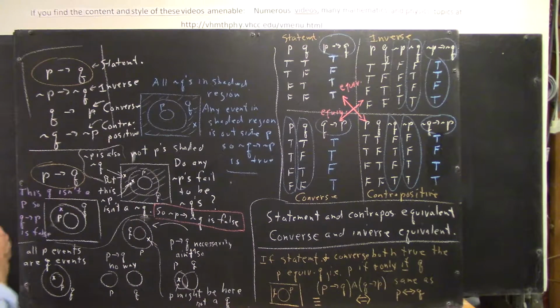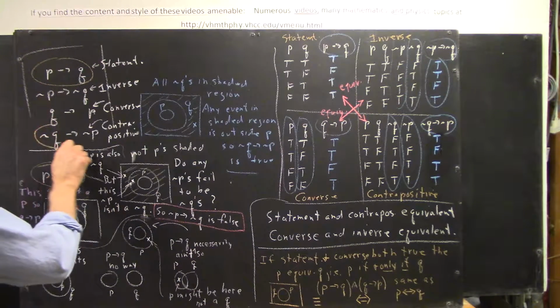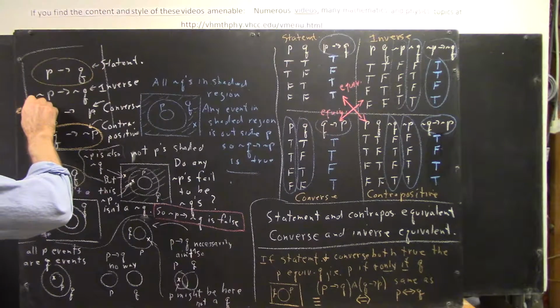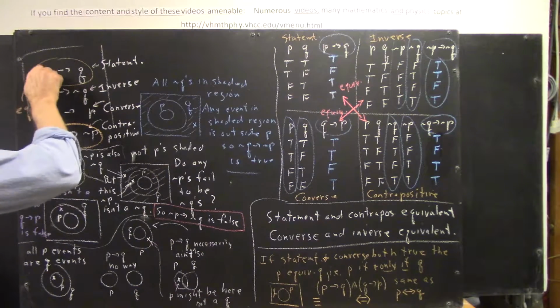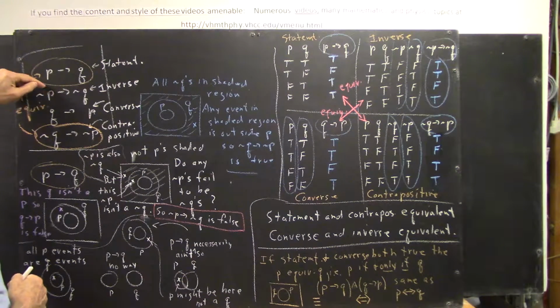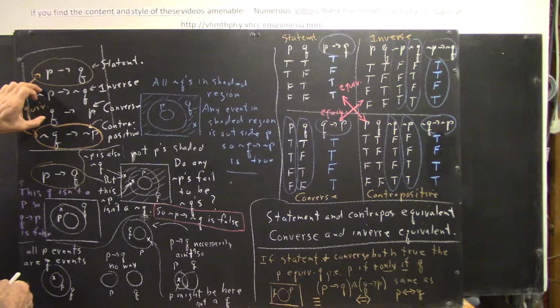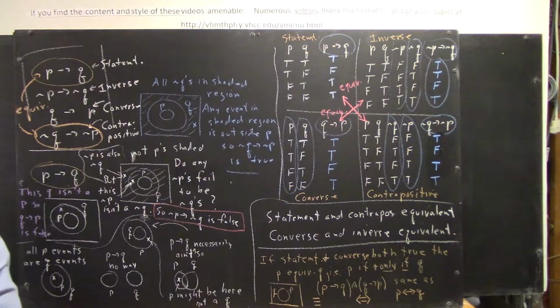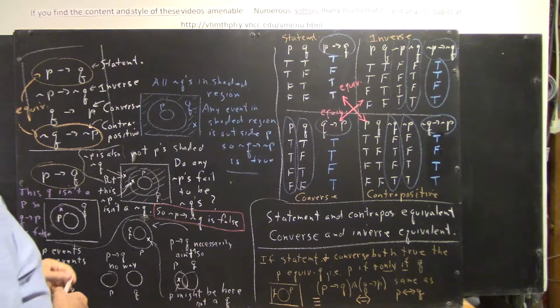So these are equivalent. Now, just because the inverse is not equivalent to the original and the converse is not equivalent to the original doesn't mean that the inverse is not equivalent to the converse. As it turns out, these two are also equivalent, but none of the argument that we've shown here proves that.